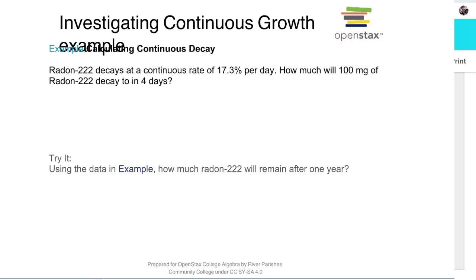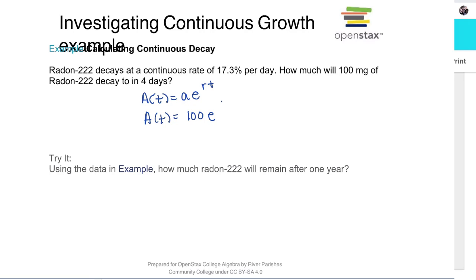Radon 222 decays at a continuous rate of 17.3% per day. How much will 100 milligrams of radon 222 decay to in 4 days? So here's the formula. We want to know how much it's going to decay to. We're going to start with 100 milligrams.